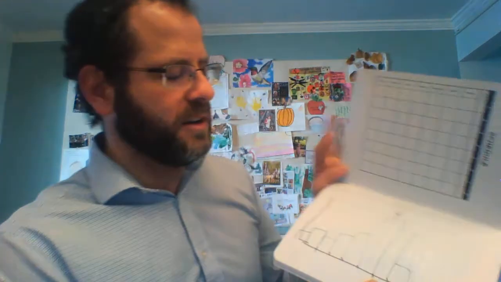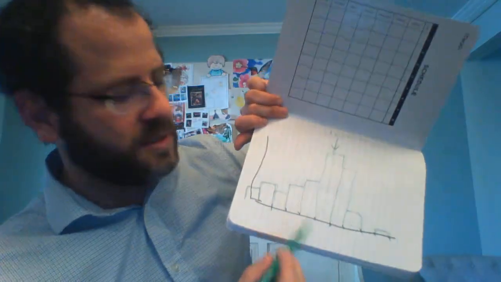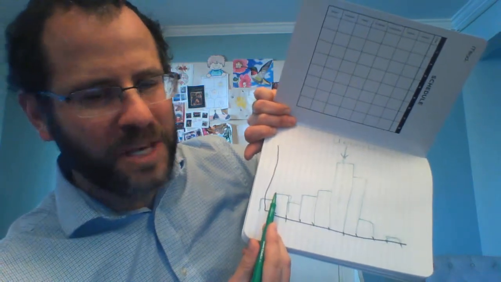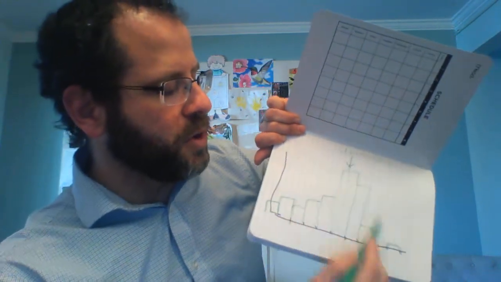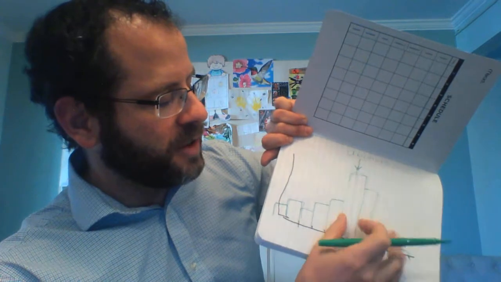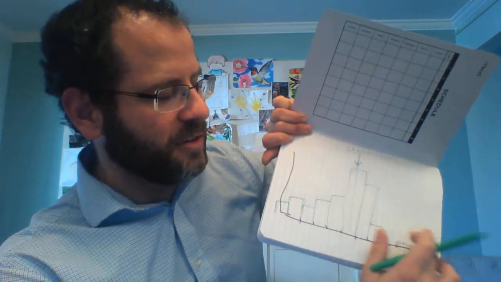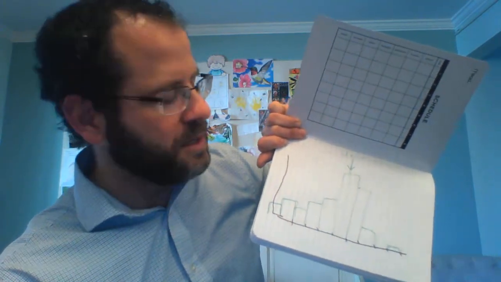I'm just adding a few bars down on the lower end of the distribution here. See how I added these ones? So that's not enough to make that its own peak. So it's still unimodal, but now if we fold it along that center line, pretty clearly we have more going on down here than we would have up there, which would be the matching part on a fold, right?